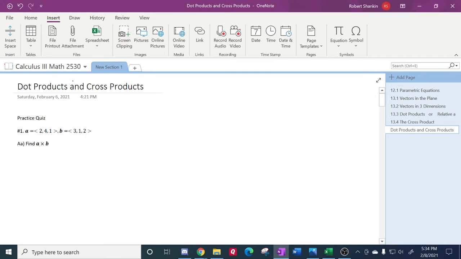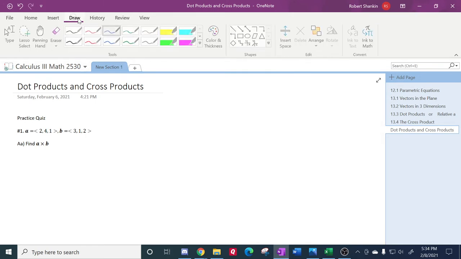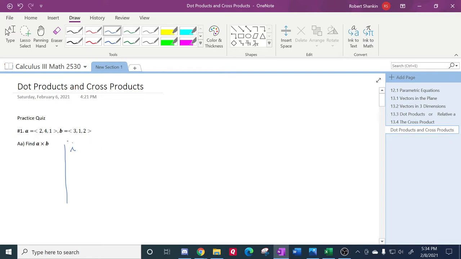Okay, so we shall do this. Now we set this up to remind us, so we don't have to memorize this kind of awkward formula. We take i, j, k. The bars mean the determinant of the matrix.